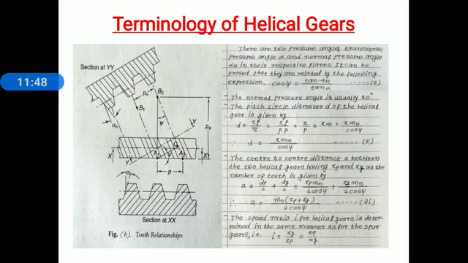And there is a relation between these three angles: helix angle, transverse pressure angle and normal pressure angle. The relation is: cos psi is equal to tan alpha suffix n divided by tan alpha. That is called equation number 5.